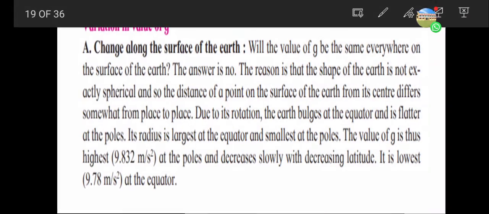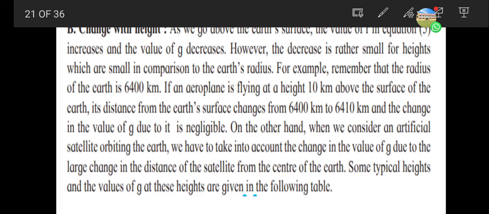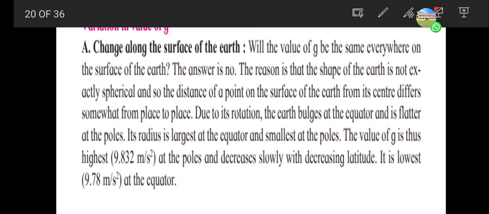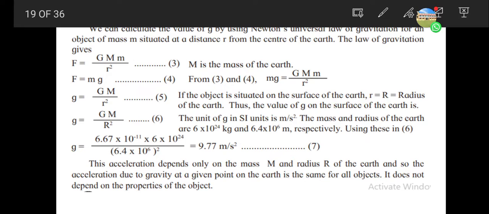Look here, we can calculate the value of g by Newton's universal law of gravitation.